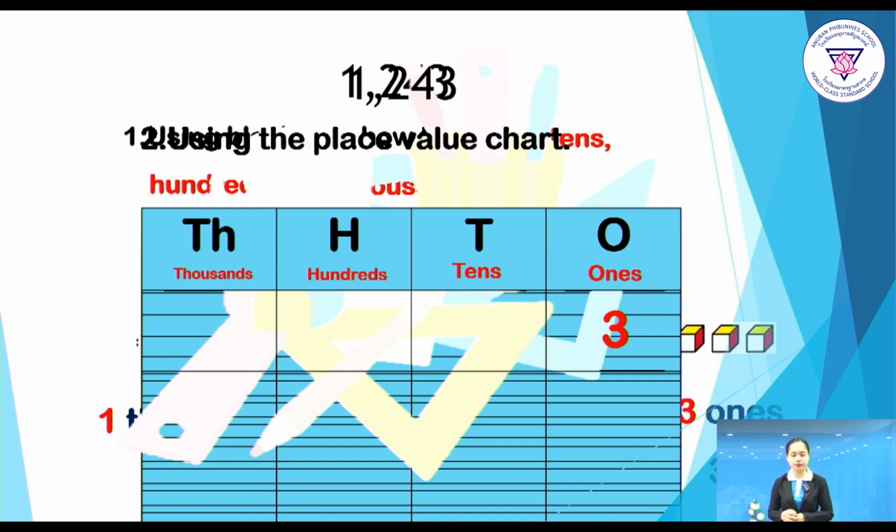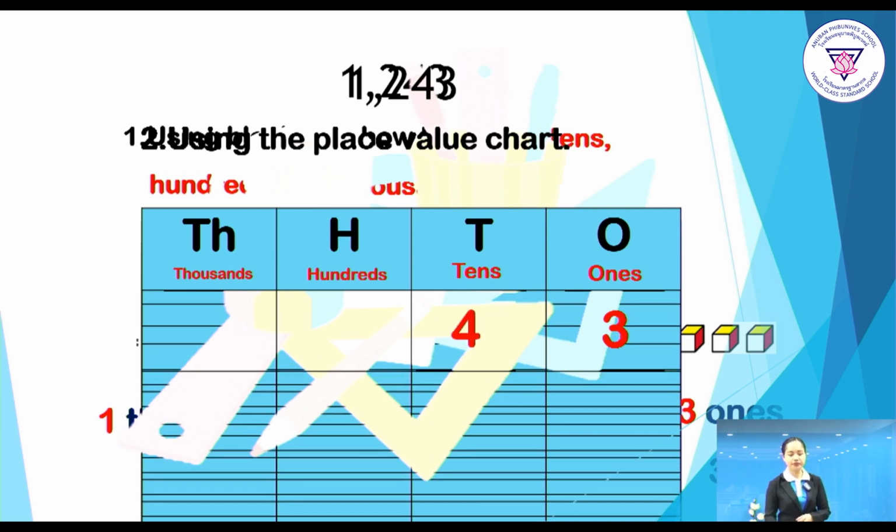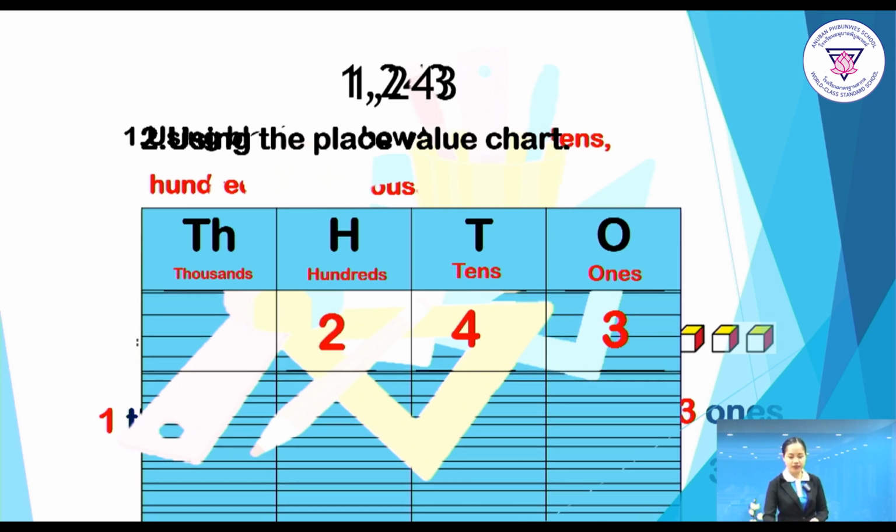How about 2? Hundreds. And then the last one is thousands. Can you read it for me again? 1,243.